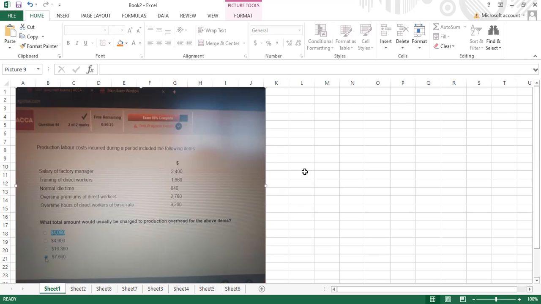What total amount would usually be charged to production overhead for the above items? Okay, production overheads, what we are going to charge.